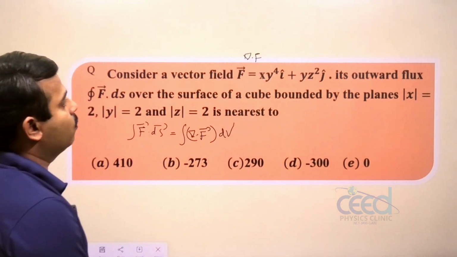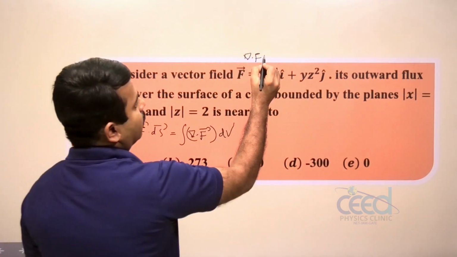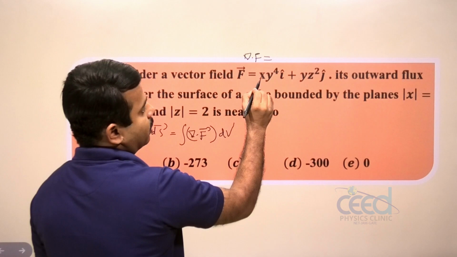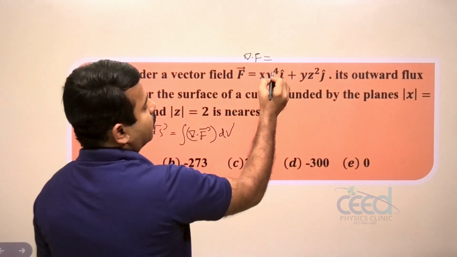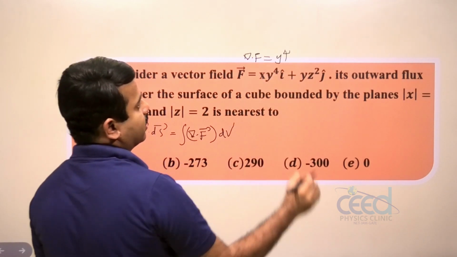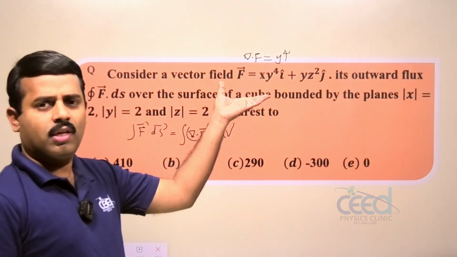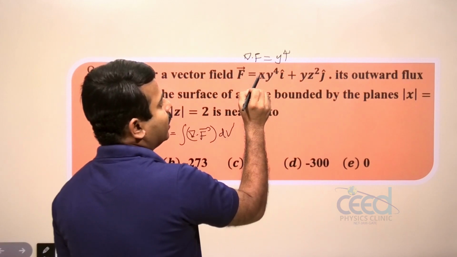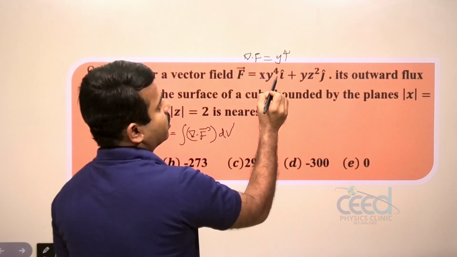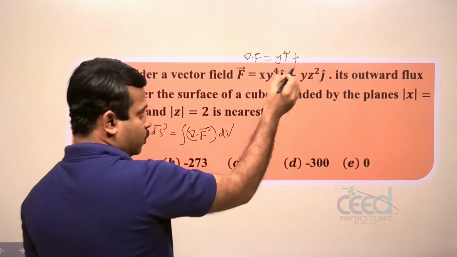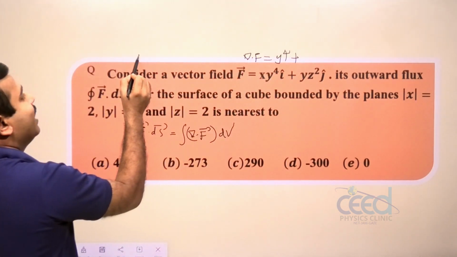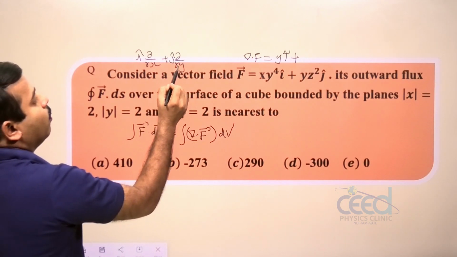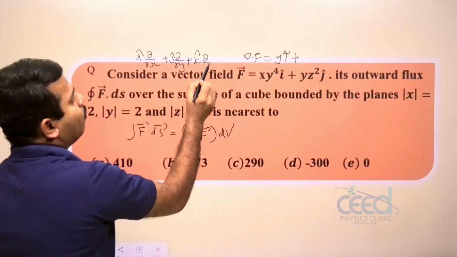The divergence of F is equal to del by del x of xy^4; only y^4 remains here. Divergence calculation you know, so I am not doing that in detail. With respect to x, y^4 is a constant, plus with respect to y, because divergence is i cap del by del x plus j cap del by del y plus k cap del by del z.